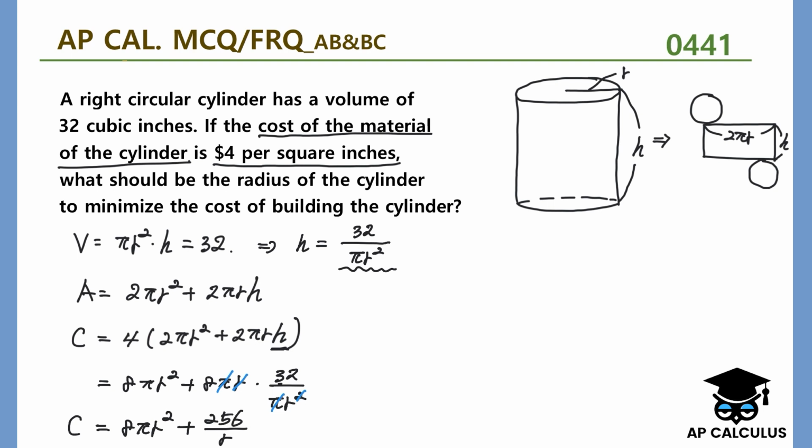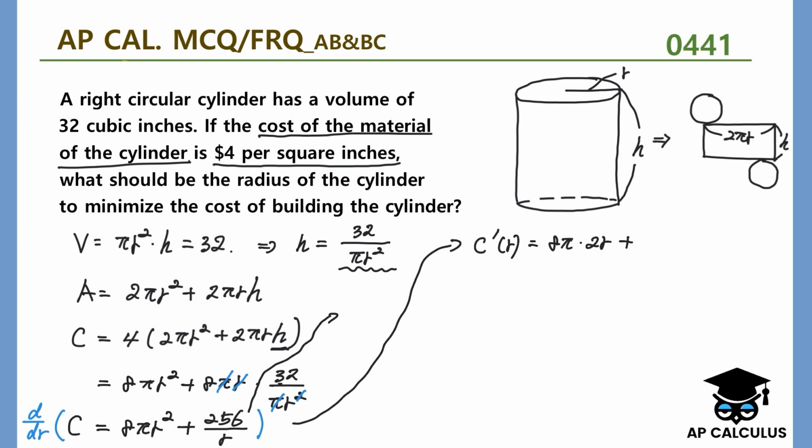Now we're going to differentiate this equation with respect to r. So C prime of r is equal to, here we have the constant 8 pi times r squared, that's 16 pi r, plus this part right here, 256 times r to the negative 1.